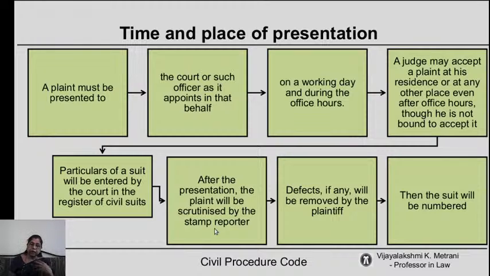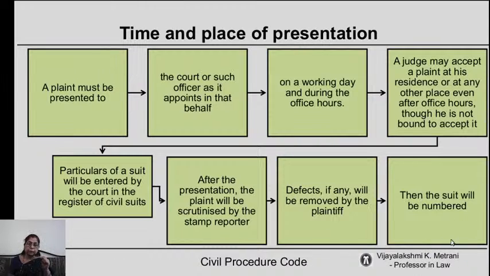Suppose you have stamped it less, you have paid less duty, you have paid less court fees, or whatever is to be paid has not been paid, or the presentation has not been done in a proper manner, or there are any defects. He will bring it to the notice of the person who is presenting, and that plaintiff will remove those defects, correct it, and put it before the officer.